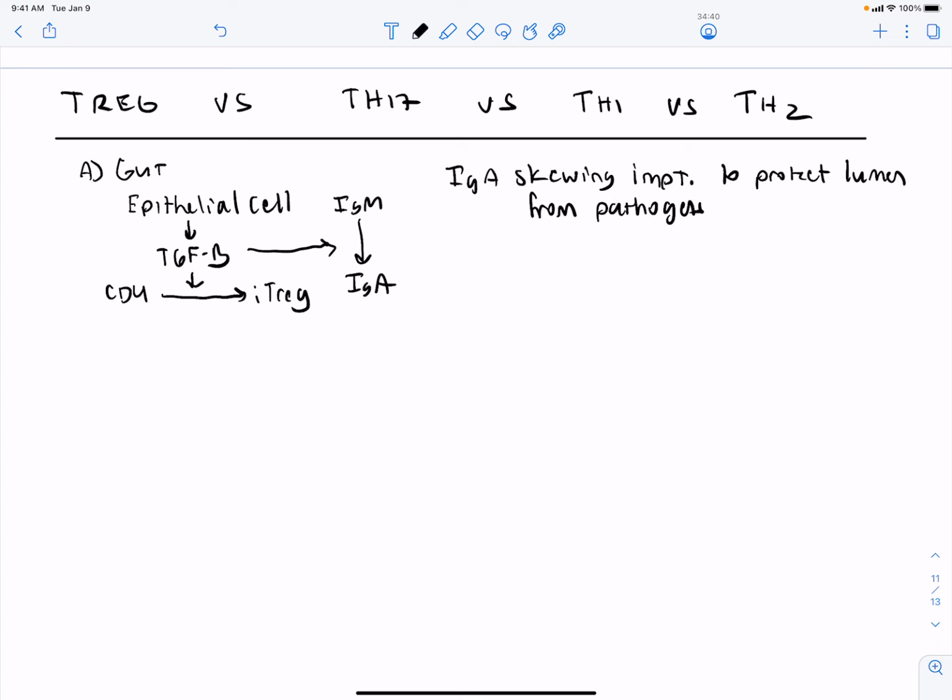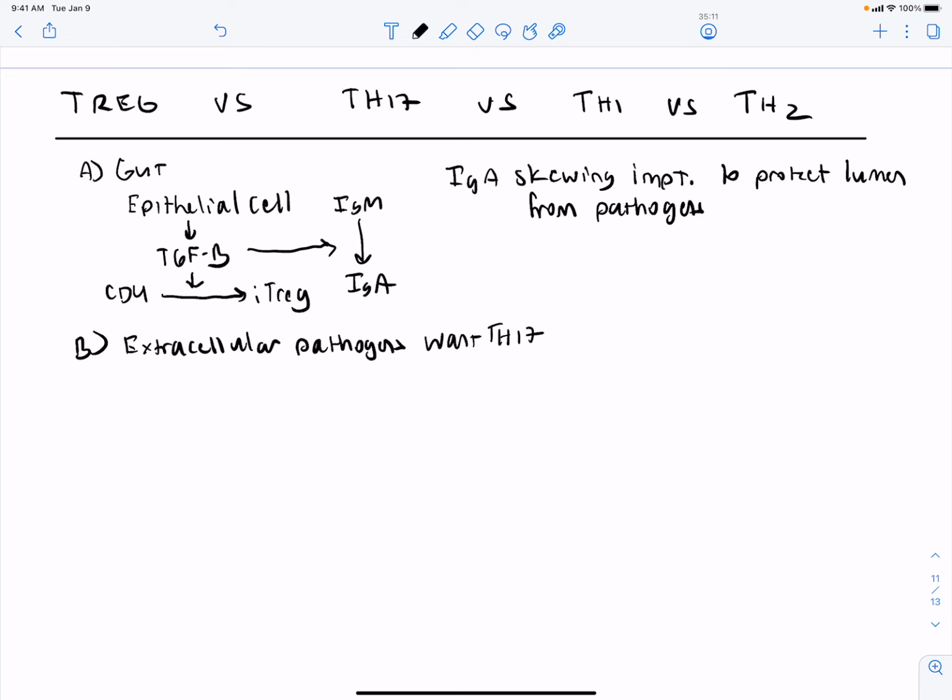And then also we have our Tregs, our regulators, which are important to decrease inflammation in your gut to antigens that you don't want to respond to, for example. Our second scenario is our extracellular pathogens. And in this case, you want a Th17.